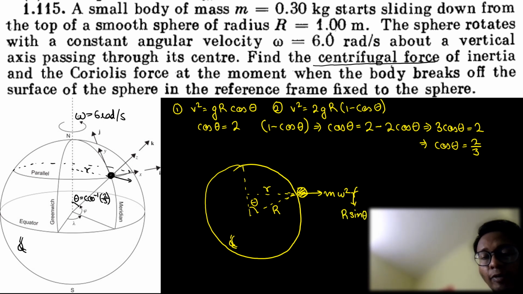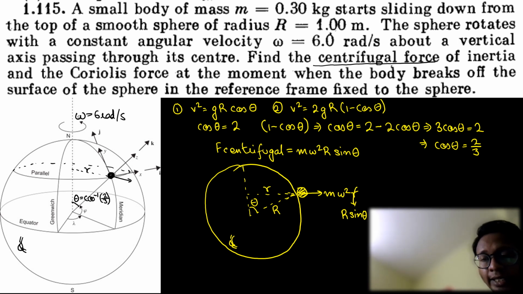So the centrifugal force is equal to m omega square r into sin theta. Now you have already derived cos theta is equal to 2 by 3.